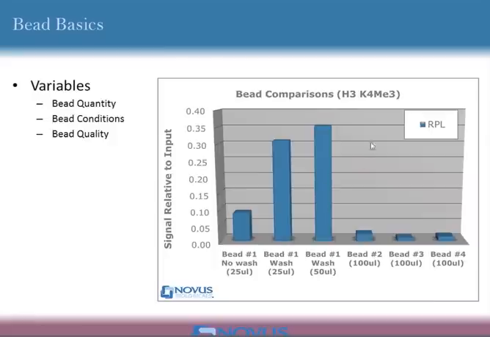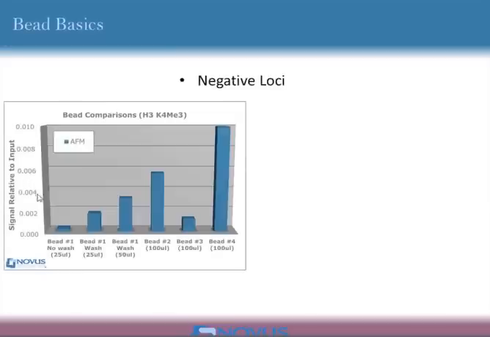Now, if we, instead of looking at this positive loci here, look at some negative loci, we see that first of all, the scale has changed. So instead of going to 40%, we're now just looking at 0 to 1%. So these, again, for this modification, should not amplify well.